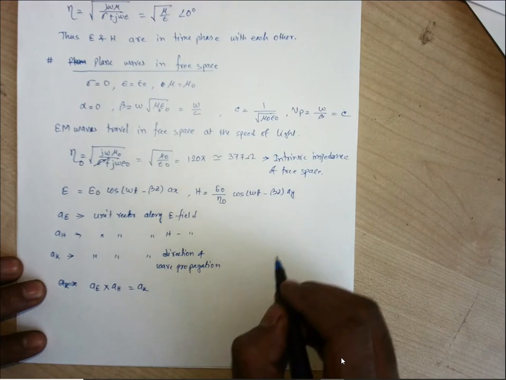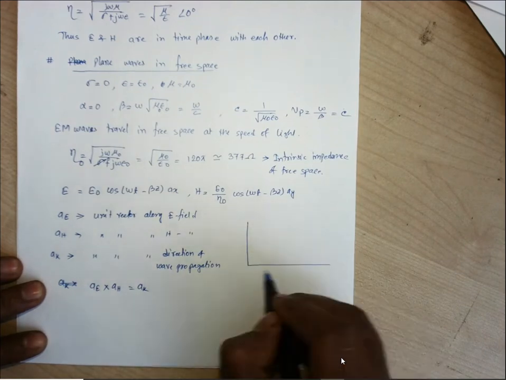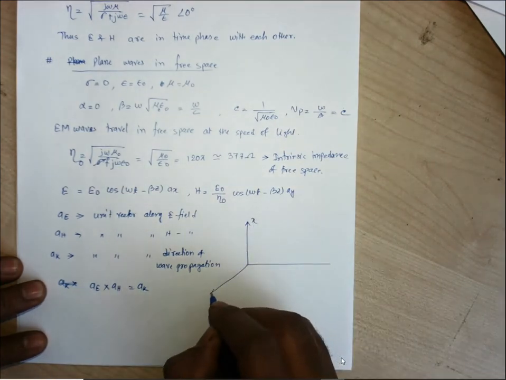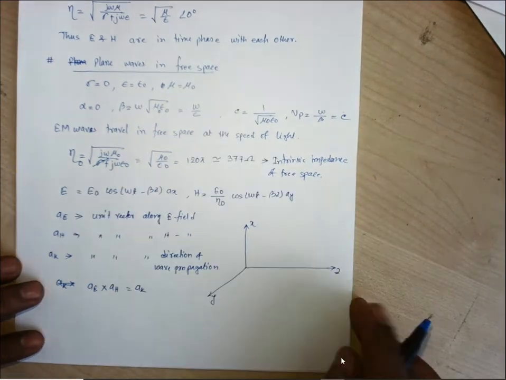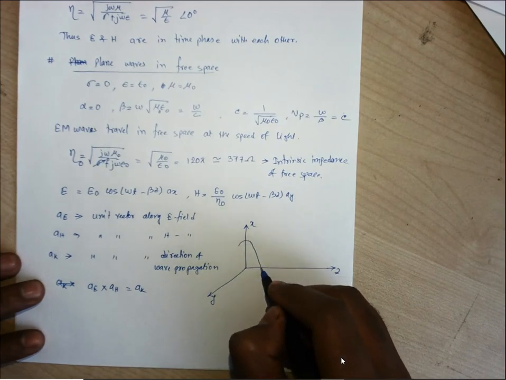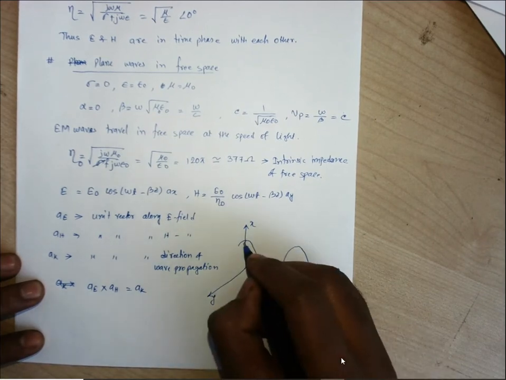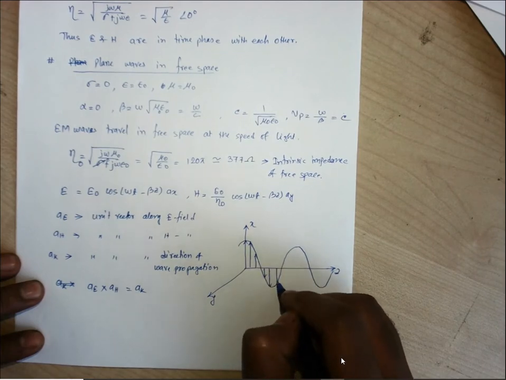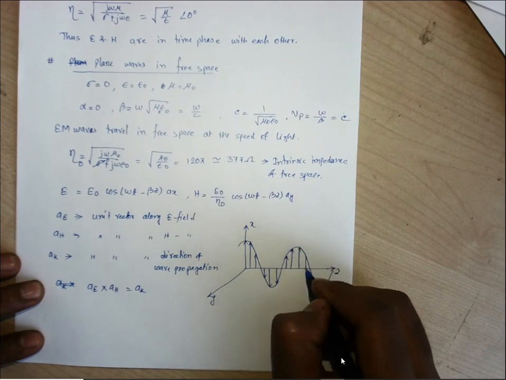So if we draw like this, it is X, it is Y, it is Z. We are having the cos component, so we can say this is the cos component of electric field. So these are the different amplitudes for the electric field.